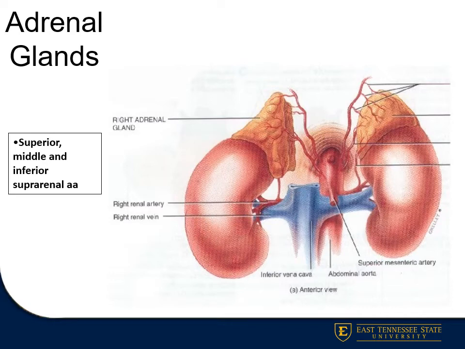Sometimes it's tough because they're small, they get destroyed, but you should be able to see all of them. The superior adrenal artery usually arises from the inferior phrenic artery on that side. The middle adrenal artery usually arises straight from the aorta, and then the inferior adrenal artery usually arises from the renal artery on that side.